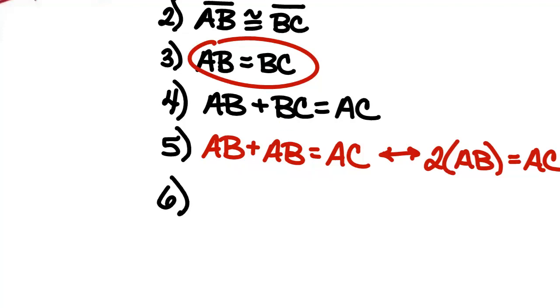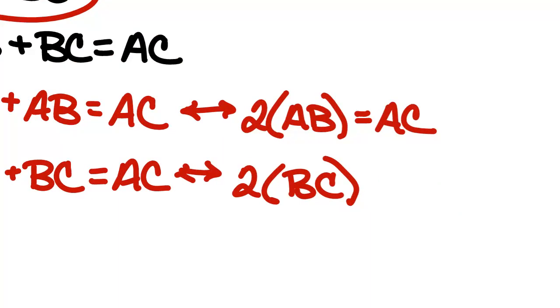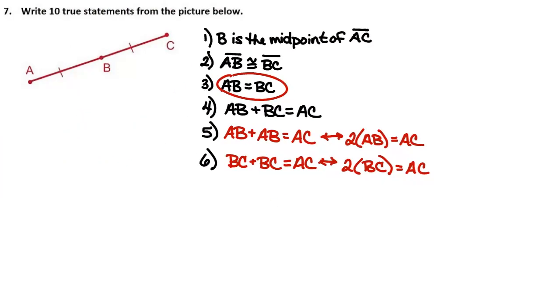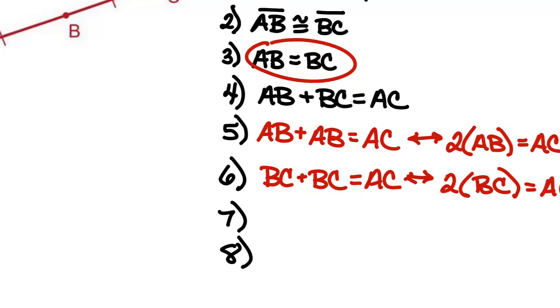Did I have to replace the BC? Could I have replaced the AB? What could I replace AB with? So I could say BC plus BC equals AC, or 2 times the length of BC is equal to AC. I want to use this idea right here in number 4.